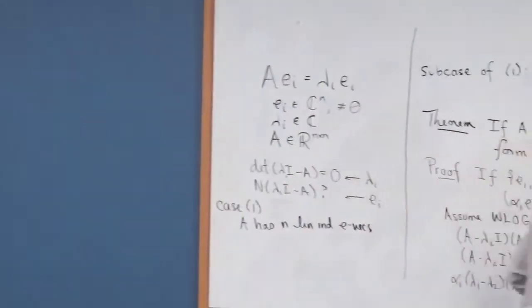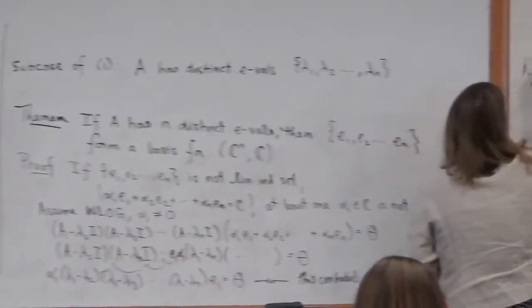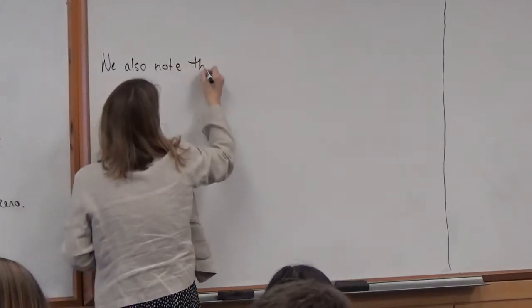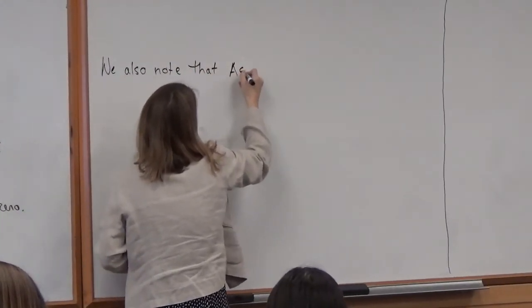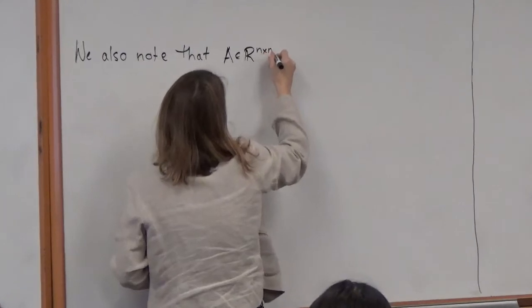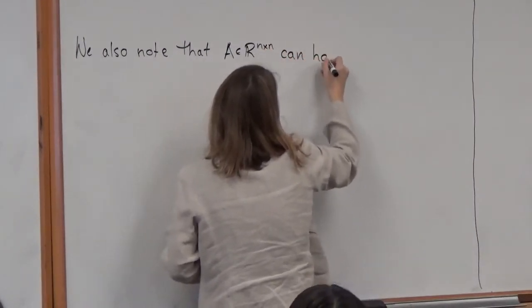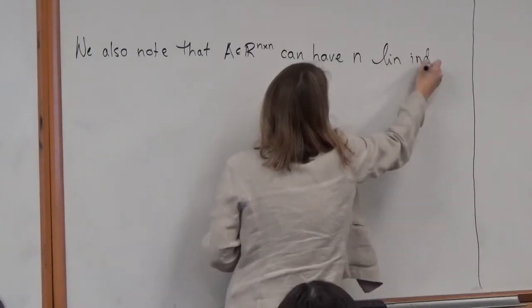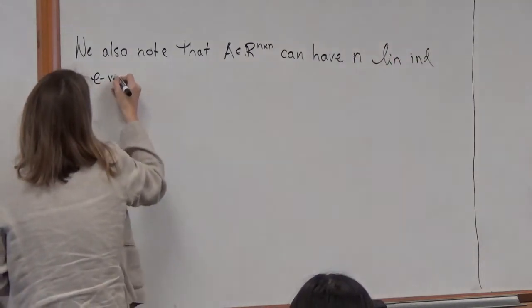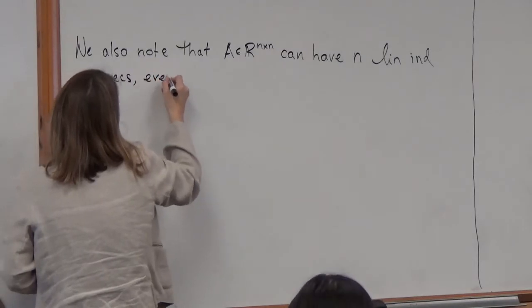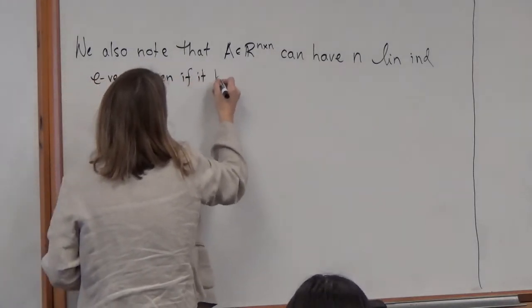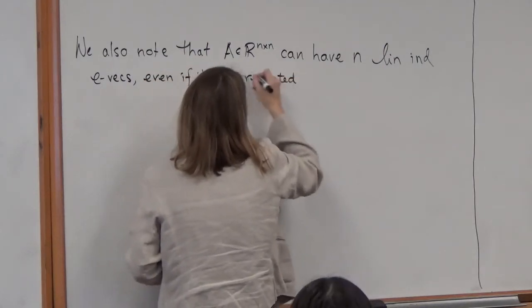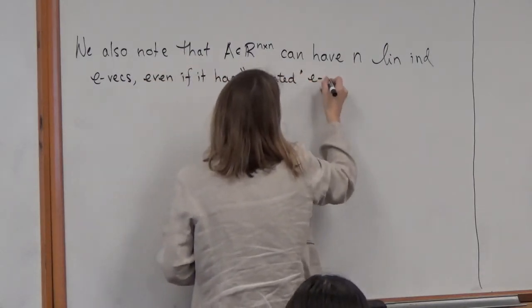So we also note that A can have n linearly independent eigenvectors even if it has repeated, I'll put that in quotes, repeated eigenvalues.